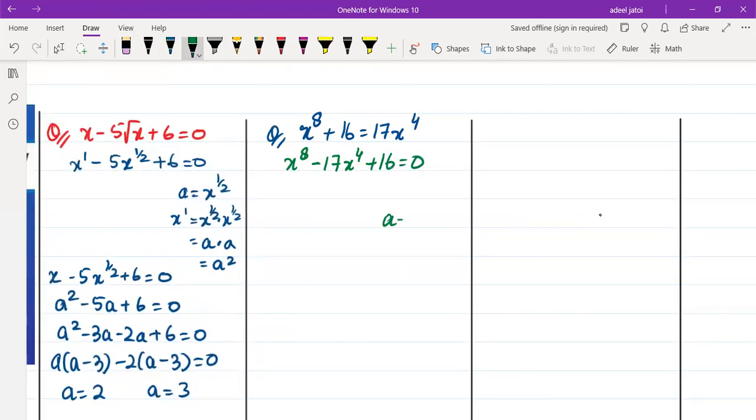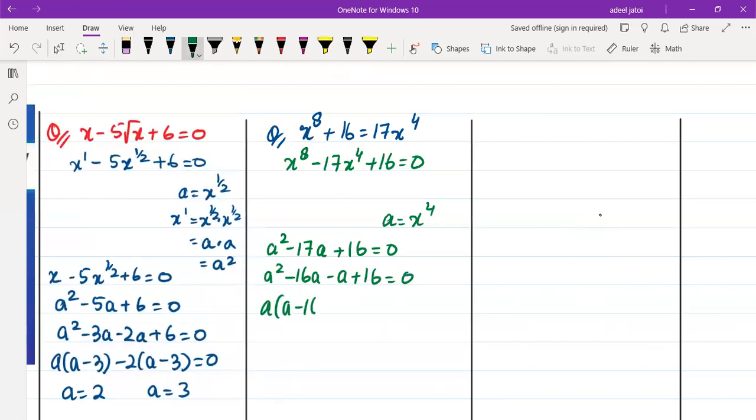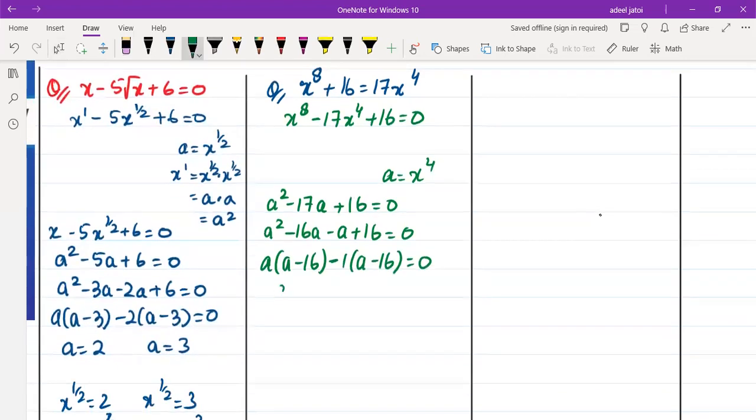Now I see that we take a as x to the power 4. So this can be written as a squared minus 17a plus 16 is equal to 0. So a squared minus 16a minus a plus 16 is equal to 0. a minus 16 and a minus 1, a minus 16 is equal to 0. So a minus 1 is equal to 0, a minus 16 is equal to 0.